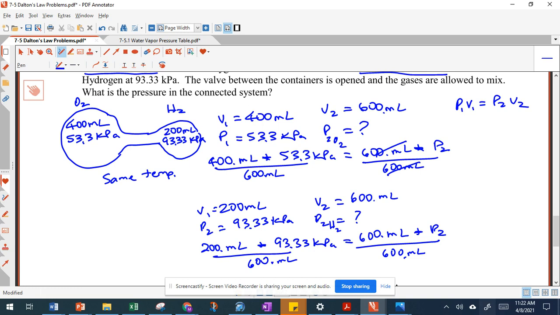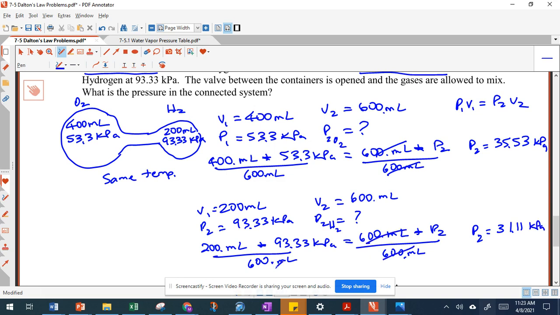So we have 400 times 53.3 divided by 600. So P2 for the first one is 35.53 kPa. Our second one is 200 times 93.33 divided by 600, and that one would be 31.11 kPa.